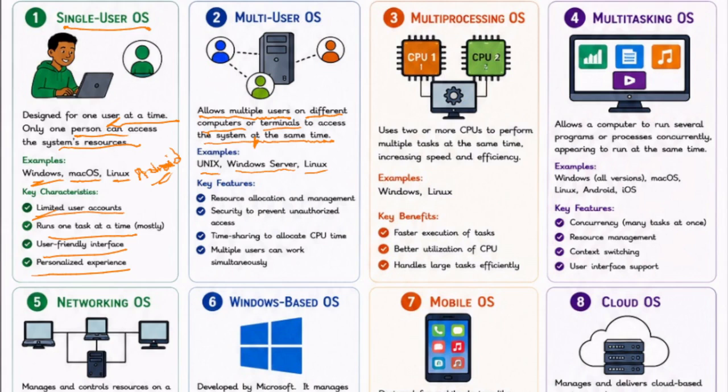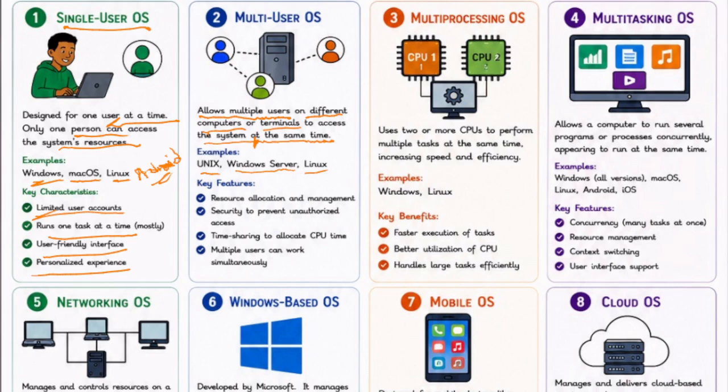So, CPU 1, CPU 2 is doing different things. Okay, so a multiprocessing OS uses two or more CPUs to perform multiple tasks at the same time, increasing speed and efficiency.